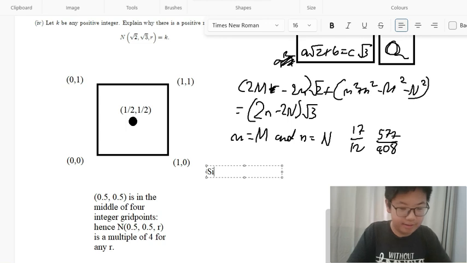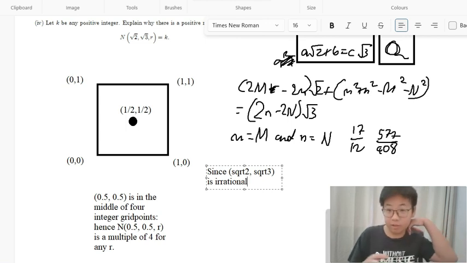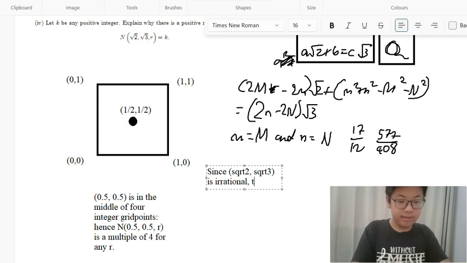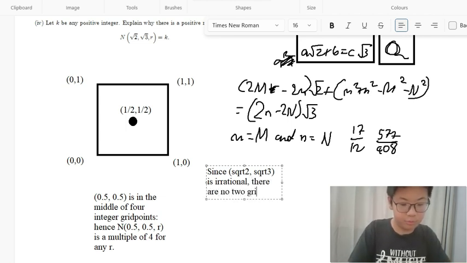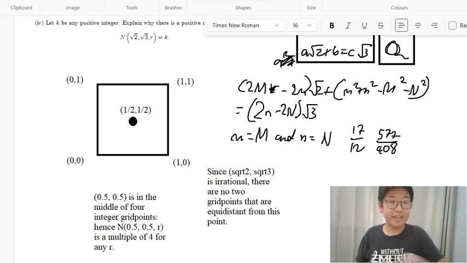Since, let's write down, since the point root 2, root 3 is irrational, because it's an ordered pair of 2 numbers and they're both irrational, there are no 2 grid points that are equidistant from this point. So we wrote down our reason.